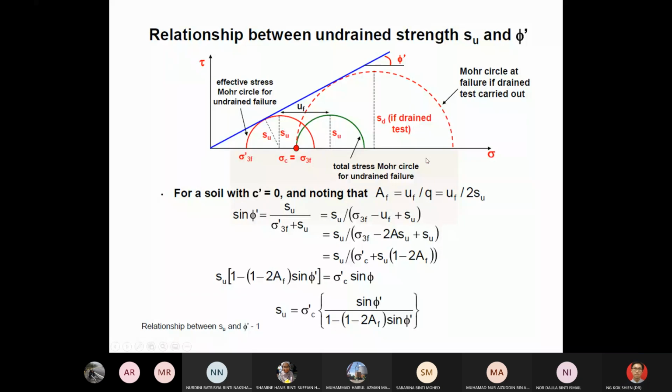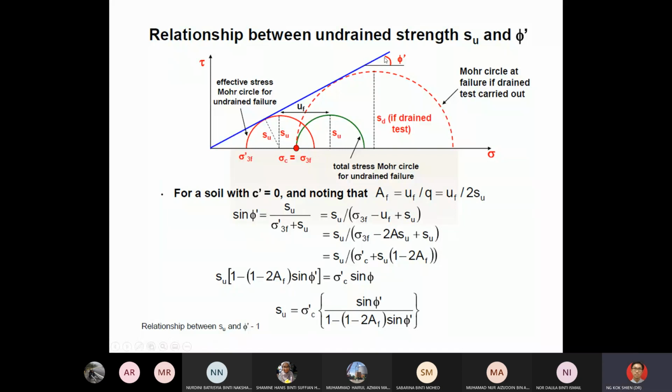You see here, they are actually falling. If you use the same confining pressure, and you do the undrained test, you get this effective stress Mohr circle. You do the drained test, Mohr circle will get bigger. And this is also effective stress. And both effective stress Mohr circles are touching the same failure envelope.